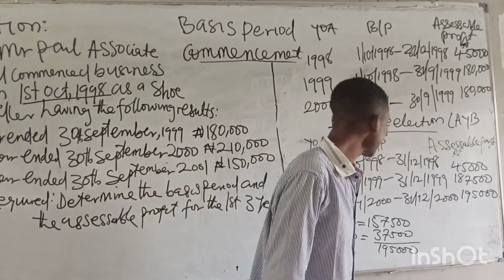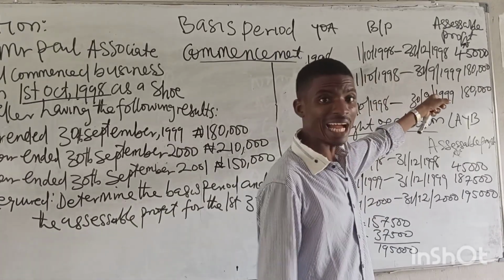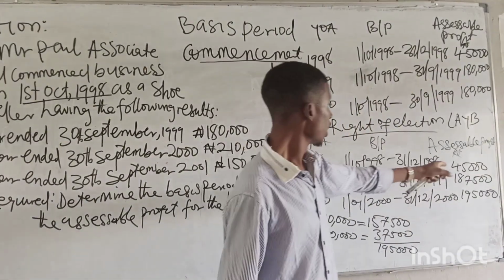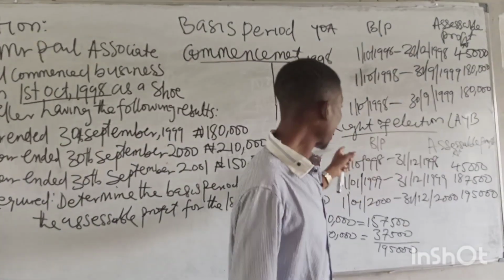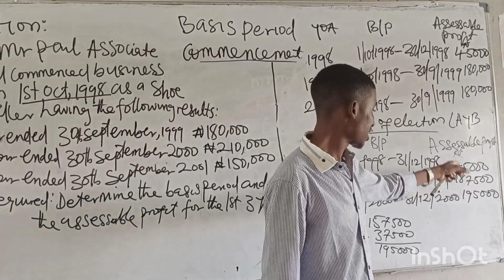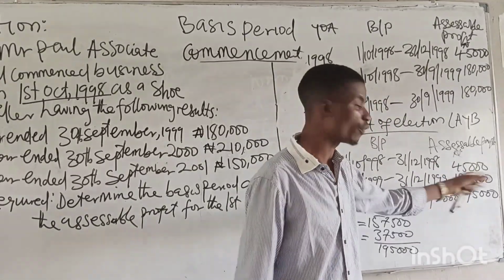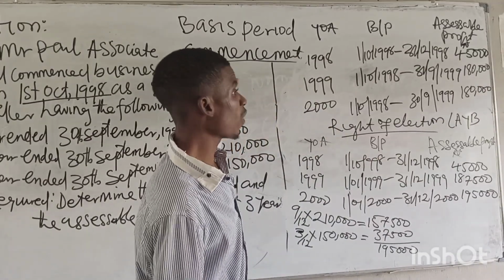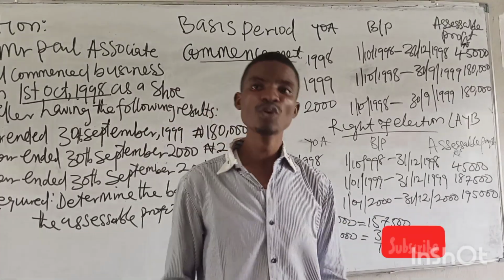What it means is that the taxpayer should continue to pay his tax based on the normal basis period. But assuming that the assessable profit here is lesser, the taxpayer would have asked the tax authority to assess him to tax based on his right of election. So this is how to solve problems or questions under commencement, following the commencement rule.